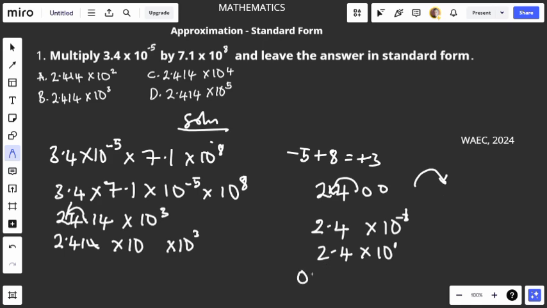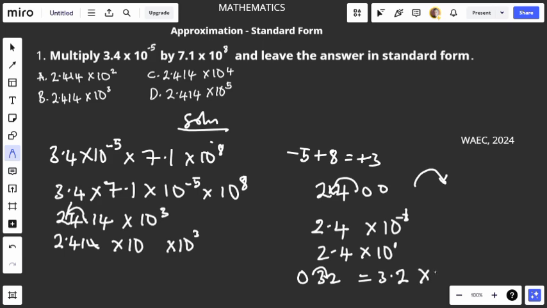Take for instance, if you have 0.32 and you are asked to express this in standard form, that means the decimal point should come after one whole number that is significant. 0 is not significant. So when you move this to here, you now have 3.2.